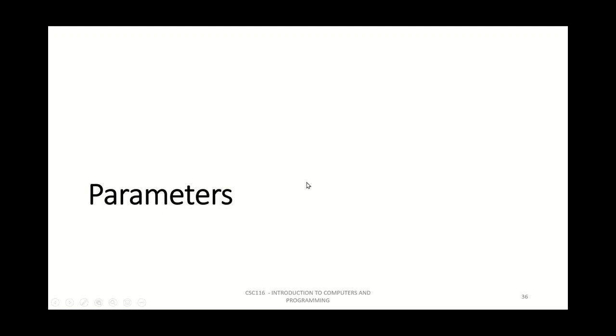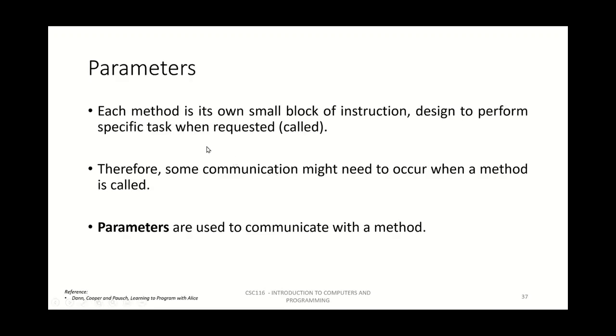The last subtopic is parameter. Methods in Alice basically have a small block of instructions designed to perform a task when requested. So communication might occur when a method is called. This parameter is actually used to communicate with a method.